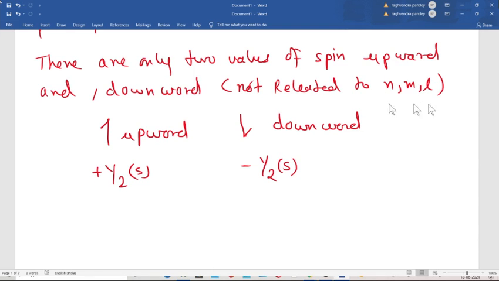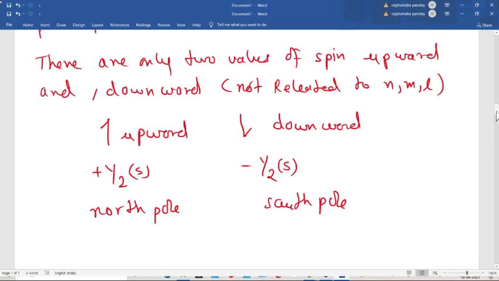Each electron can show one upward or downward value. Upward value is taken as north pole and downward value is taken as south pole. Got it? So this is your spin quantum number.